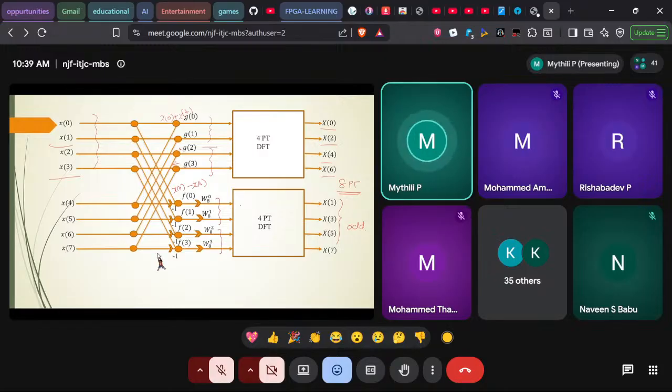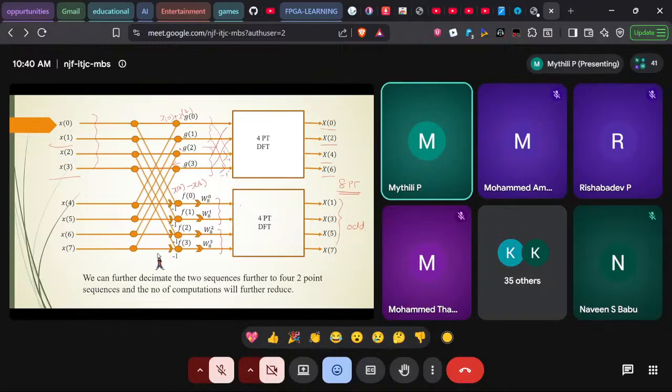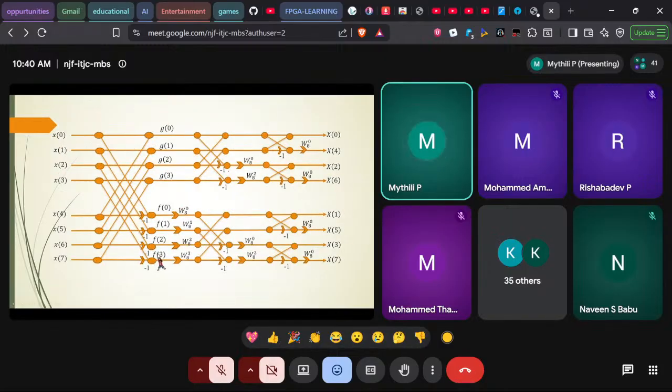So before getting into a 2-point DFT, you will add the lower half and the upper half like this, subtract like this, and then do the next one like this. So this is the whole scheme. After that, you have the 2-point DFT, with one addition and one subtraction.